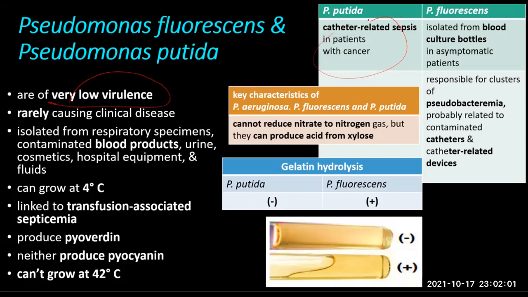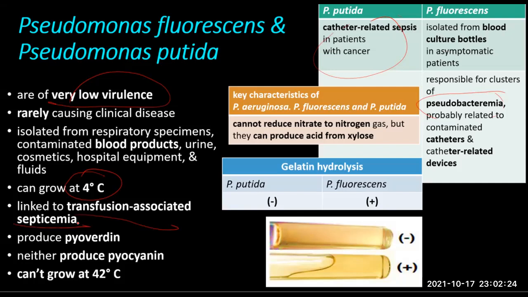Isolation of P. fluorescens from blood culture bottles in asymptomatic patients has been responsible for clusters of pseudobacteremia, probably related to contaminated catheters and catheter-related devices. Both species can grow at 4 degrees Celsius and have been linked to transfusion-associated septicemia.